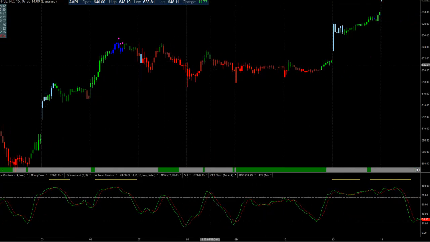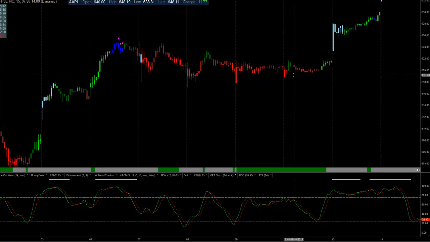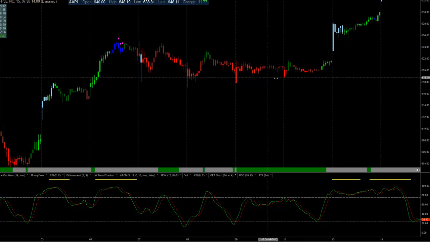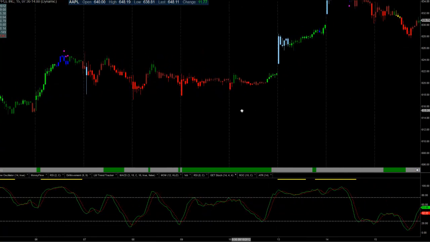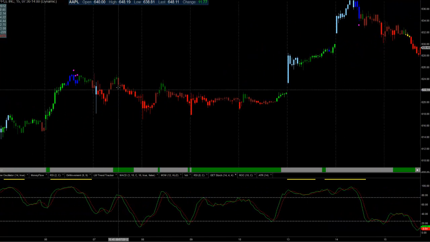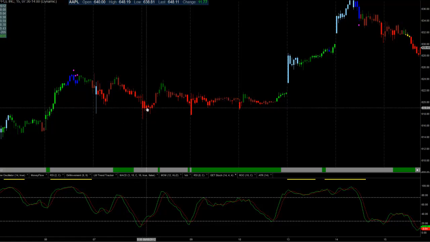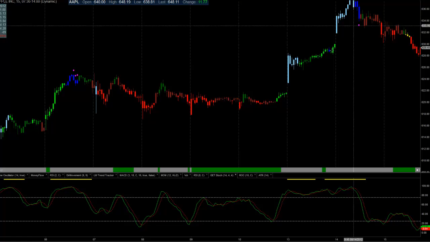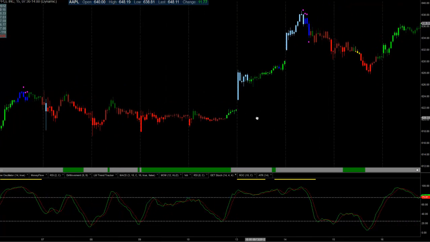And now after we've squeezed and squeezed, these long squeezes are beautiful to find when you find them, because you get bigger moves. The longer the squeeze, the bigger and longer the expansion period after that. So here we had a little move out of this contraction period, down to a new low, and this move here obviously was much better.